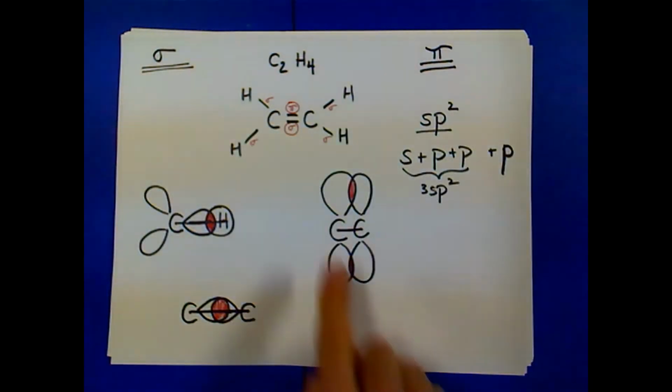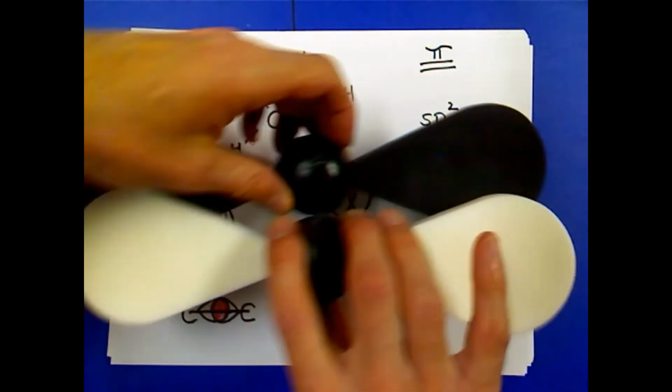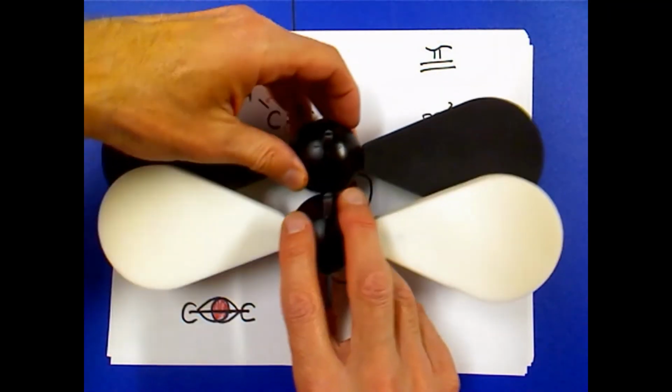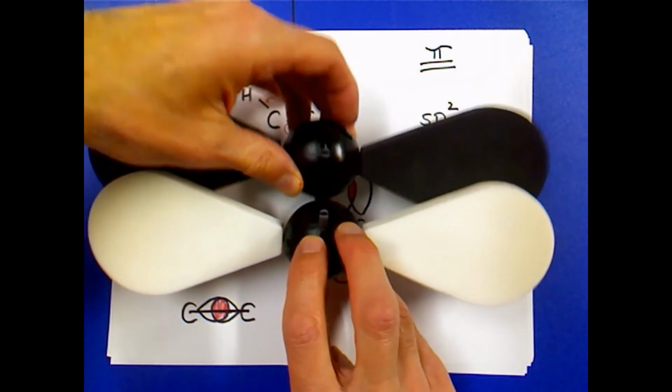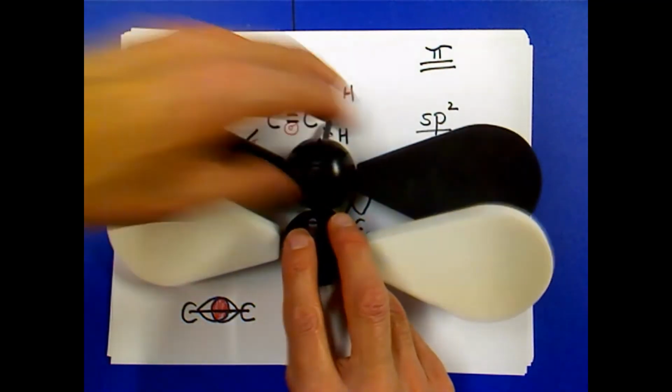Now we're going to try the same trick here with a pi bond. I hope you can see if you rotate around a pi bond, you don't get the same thing. Rotation around a pi bond actually causes a breaking of the overlap between the 2 atoms involved in the bond. So here I've got these 2 carbon atoms, so to speak, stuck close together, and you can see the overlap of the orbitals.